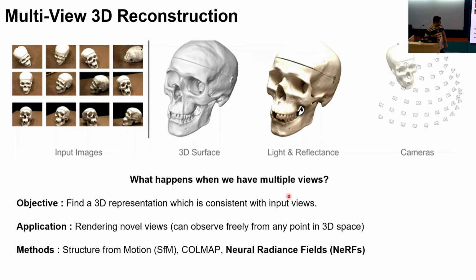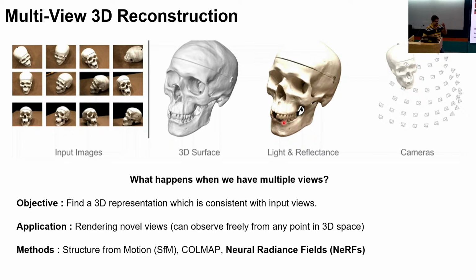This is the first step of the problem statement of novel view synthesis, where we are interested in getting the surface and the light and reflectance. However, we make one assumption, that we know the position of the camera in the 3D space. We'll discuss it later, but this is the problem setup: you will have multiple images and you actually want to get the geometry, light and reflectance.